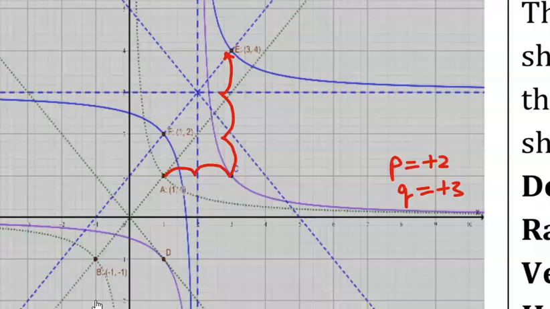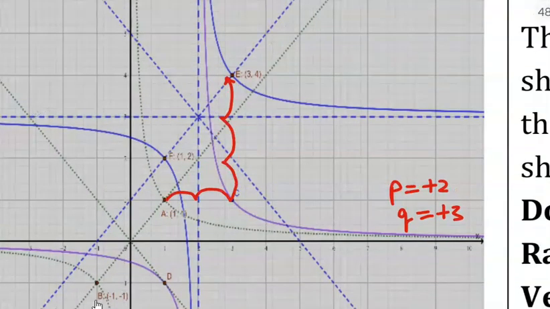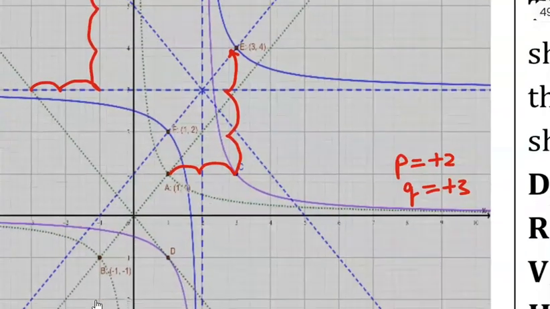The same with this line here. If I move 1, 2 units to the right, 1, 2, 3 units up, then I reach my new line of symmetry, and the same for the other one, which is this one here.